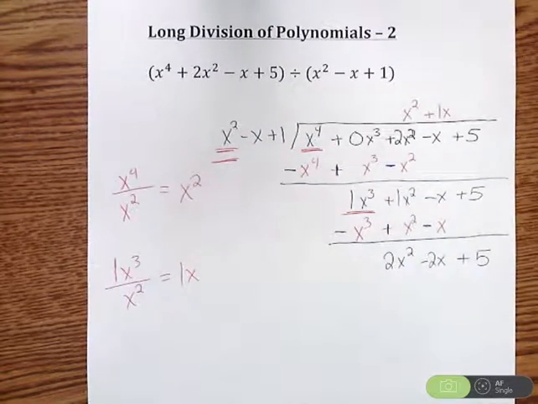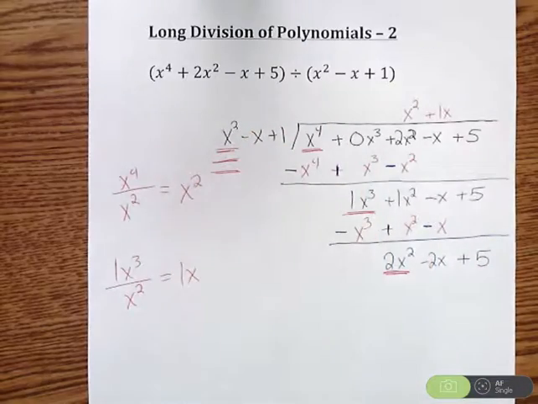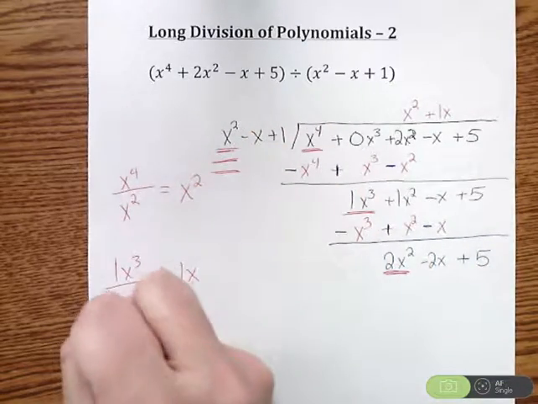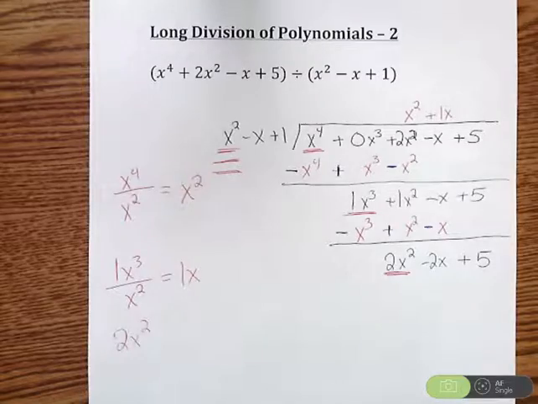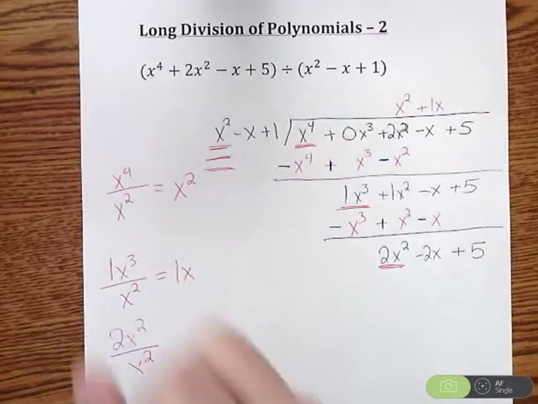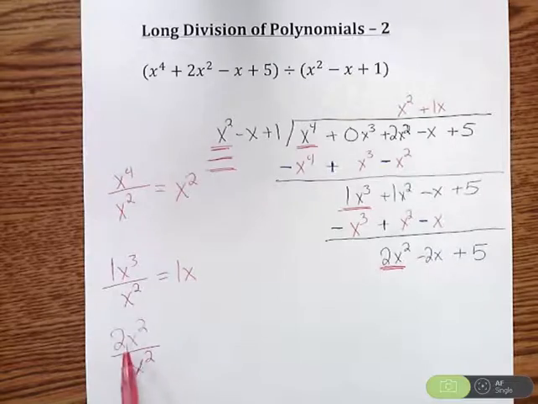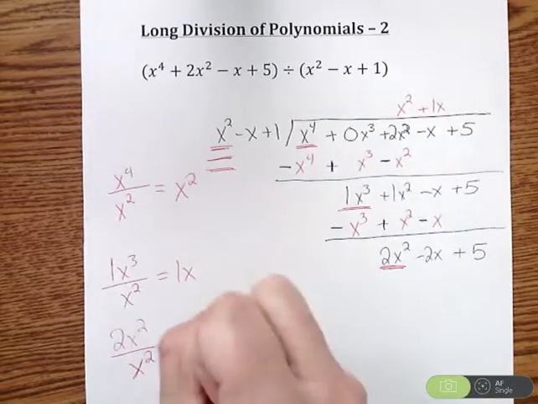We're going to repeat this process again. So we're going to take the first term. So we have 2x squared divided by x squared. So I had an x squared, take away an x squared, so those divide out. So all we're left with is a 2 there. That's a positive 2.